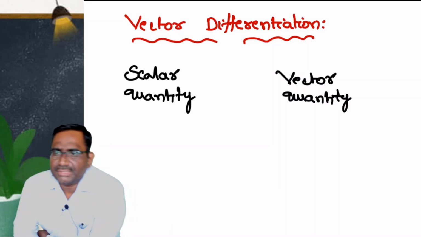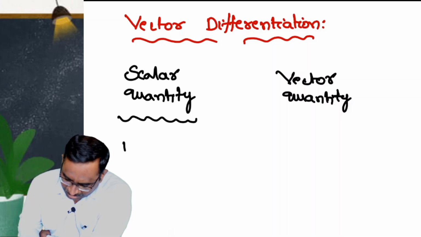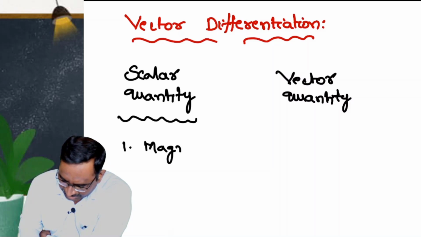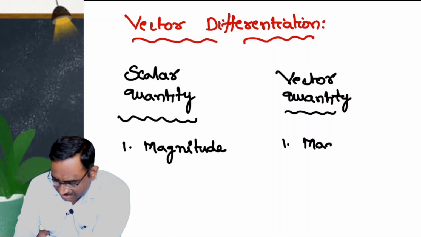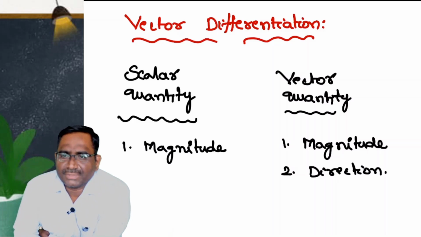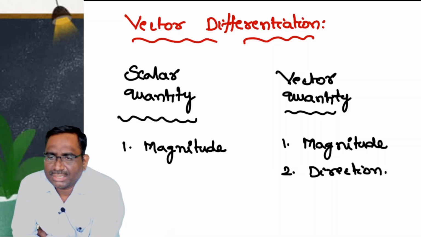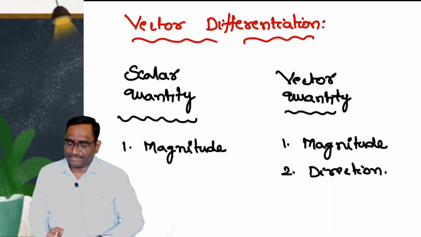The difference between these two is that a scalar quantity has only magnitude, whereas a vector quantity combines both magnitude and direction.